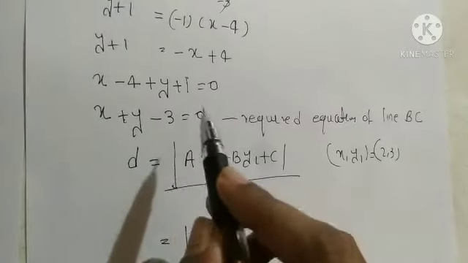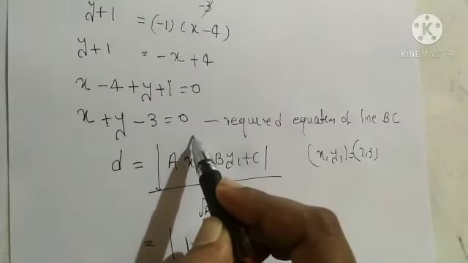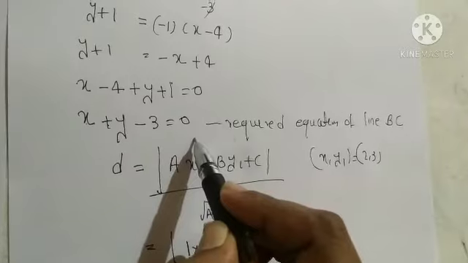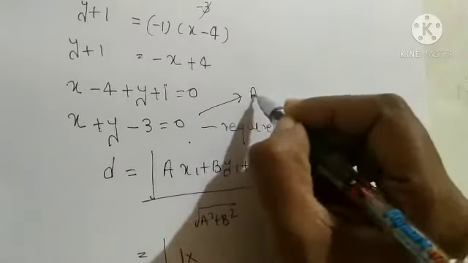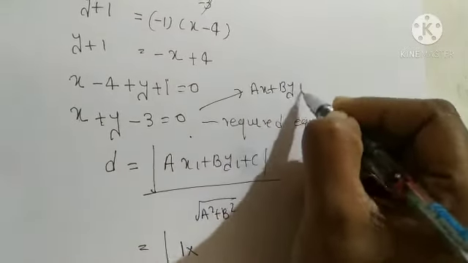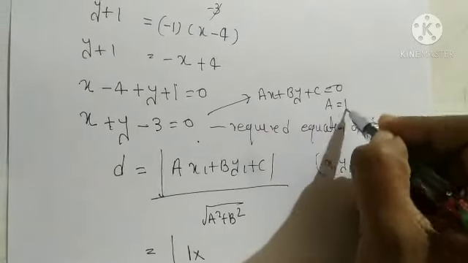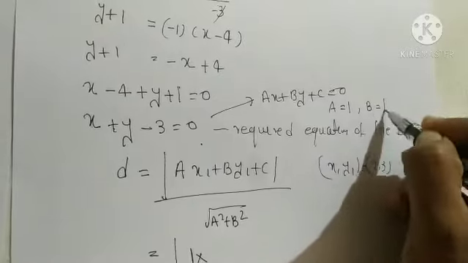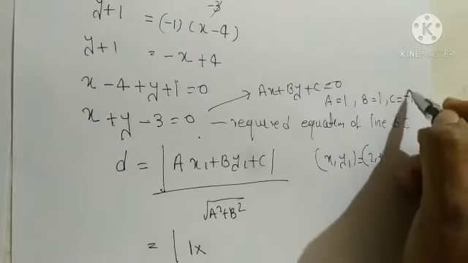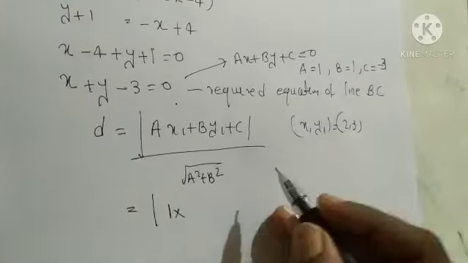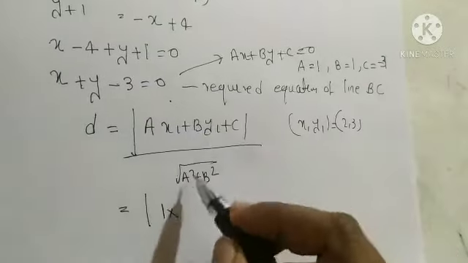Comparing the required equation of line BC to the general equation of a line, ax plus by plus c equal to 0, here a is 1, b is 1 and c is minus 3. So next I am going to substitute all these values here.